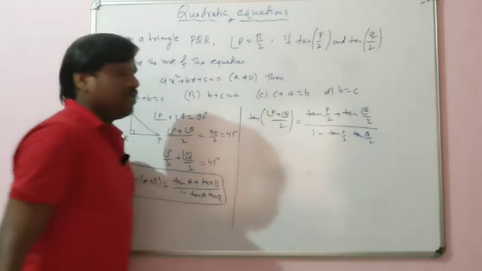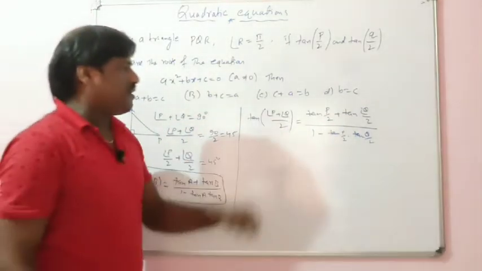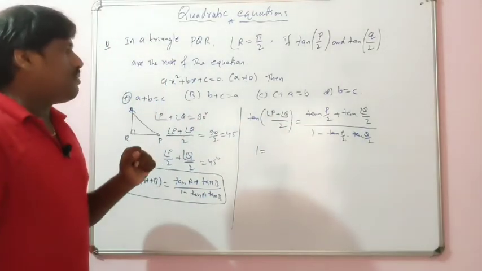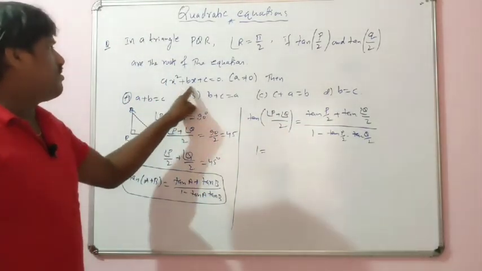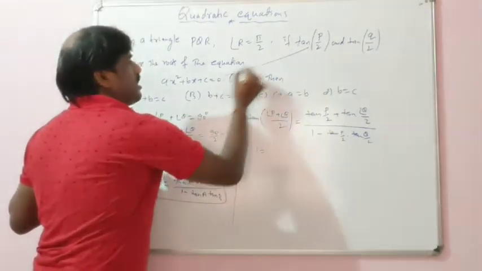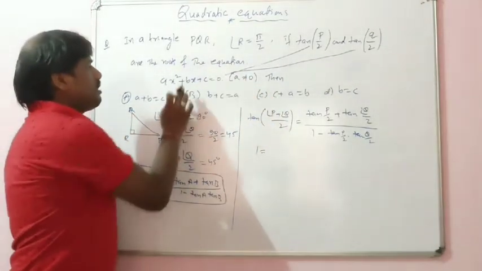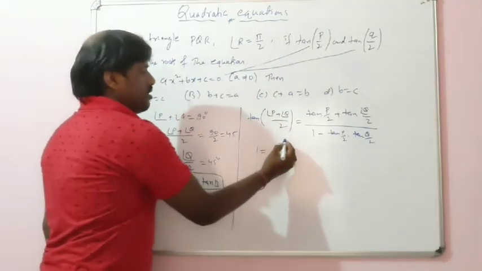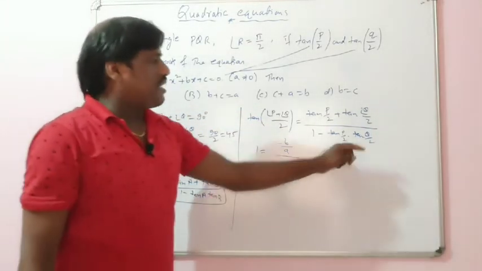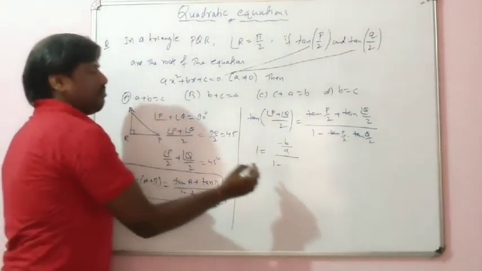This value is 45 degrees, and tan 45 degrees is 1. Tan P by 2 plus tan Q by 2 is the sum of the roots. Because tan P by 2 and tan Q by 2 are the roots of this quadratic equation, the sum of the roots is minus B by A, and the product of the roots is C by A.